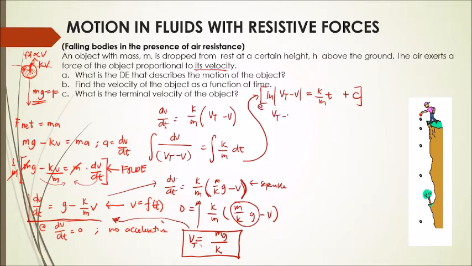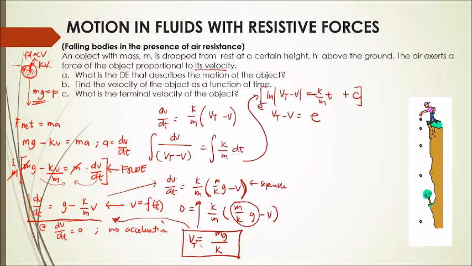Then we will have vt minus v equal to e to the kt over m. Sorry, it should be negative k over m, because v is positive, so k over m becomes negative.